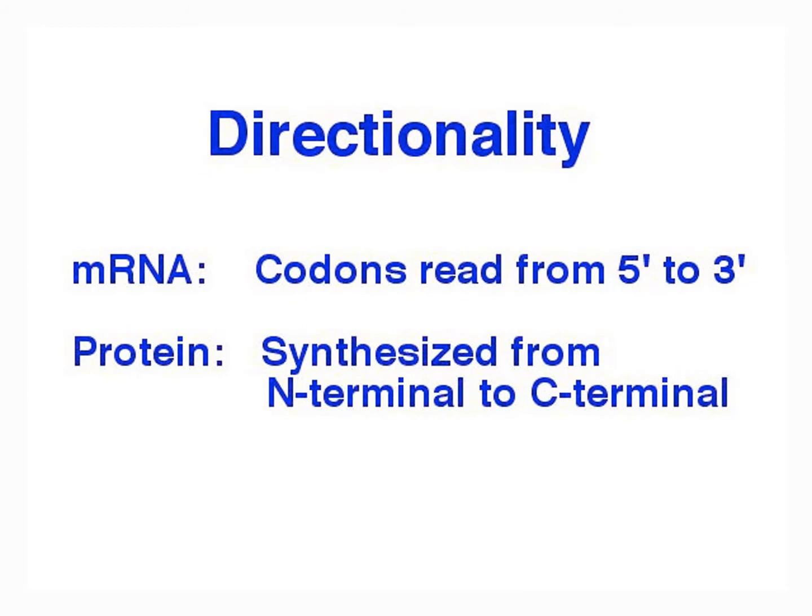We've already discussed, but just a reminder that the mRNA codons are read 5' to 3', and thus that means the protein is synthesized from the N-terminus to the C-terminus.